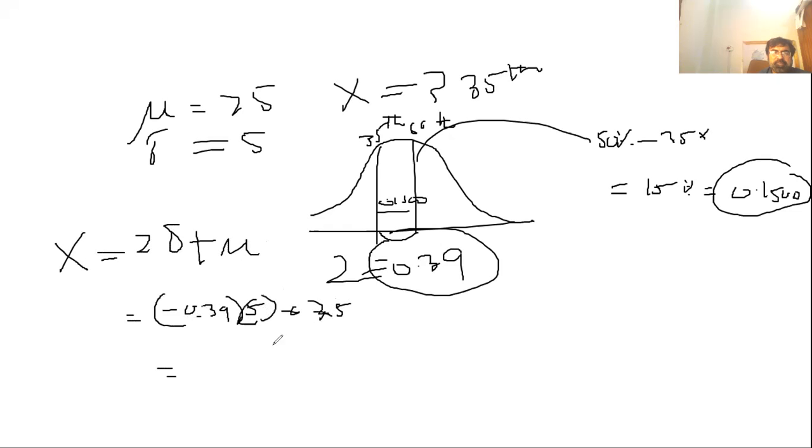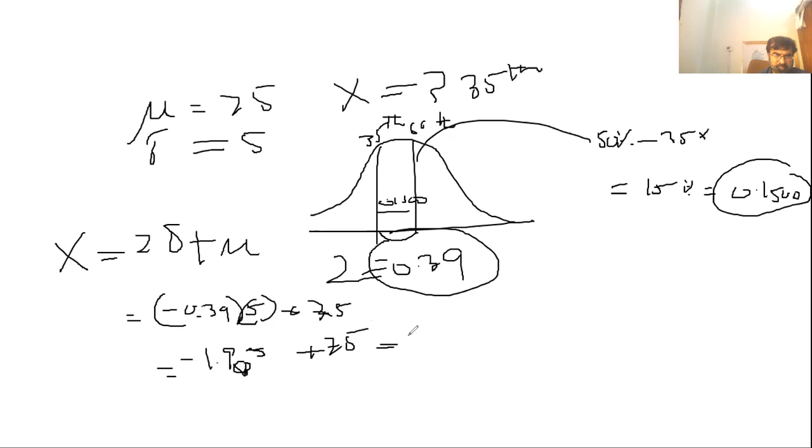So 5 9s are 45. 5 3s are 15 plus 4, 19. Minus 1.95 plus 75.